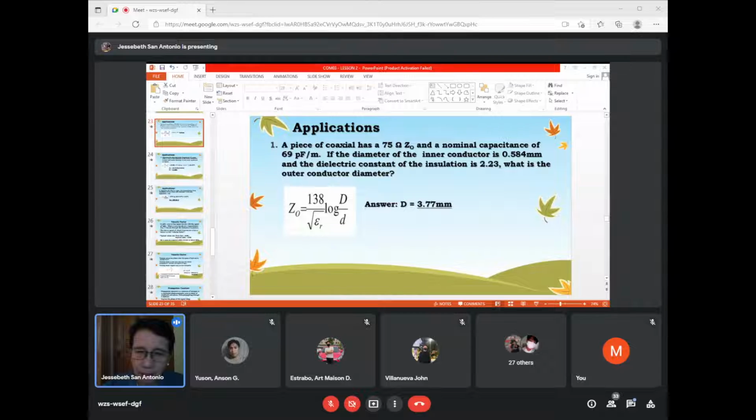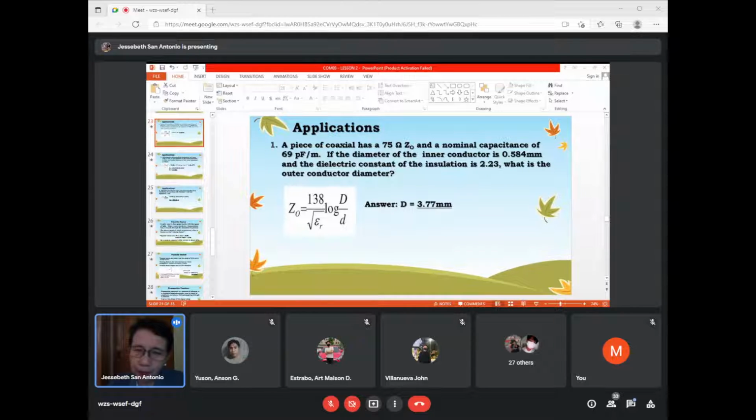Pwedeng ipahanap ay diameter of the outer conductor, or the diameter of the inner conductor, and you're given the ZO and all the others. So if that is so, ay di i-compute mo na lang. In other words, pwede din ay pa-compute sa iyo ay dielectric constant with all the necessary parameters here given.